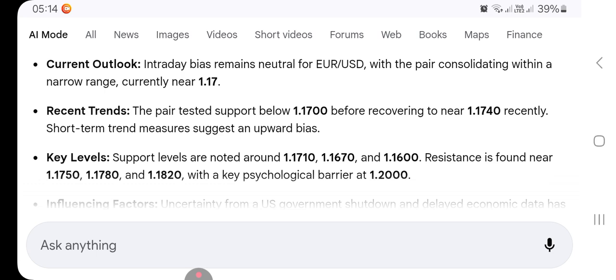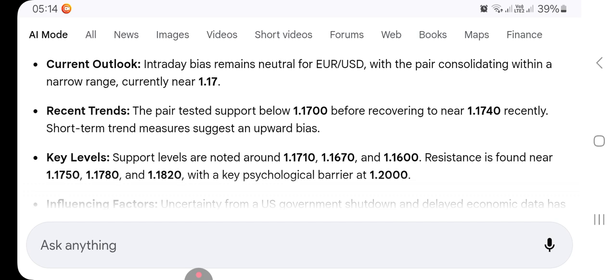They say EUR/USD is neutral, with the pair consolidating in a narrow range near 1.17, testing support below 1.17 before recovering near 1.1740. Short-term trend measures suggest an upbase, so the overall movement for EUR/USD is bullish.